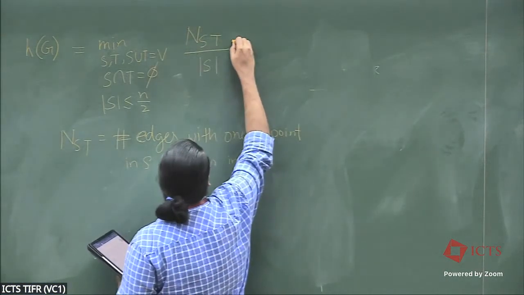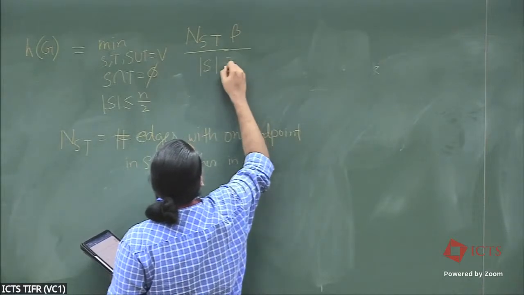Since this is a continuous time random walk with rate beta by 2n, we have to multiply this by beta by 2n.